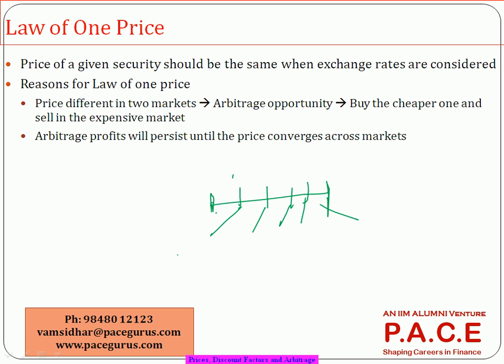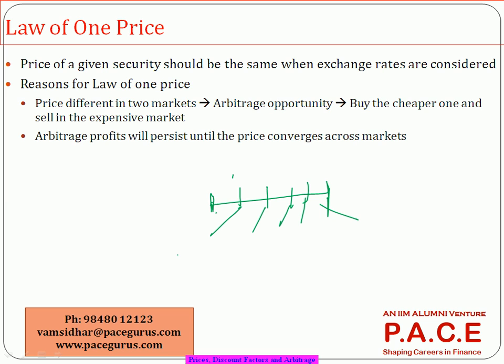Without any additional risk, they are getting a profit, which is what creates an arbitrage profit. And if that is extended to high volume, it can generate a huge profit, and that arbitrage opportunity can actually get erased. So that is where the law of one price says whether I am selling it as a combined instrument or as bits and pieces whose interest rates are different for different maturities, both of them should give me the same pricing.